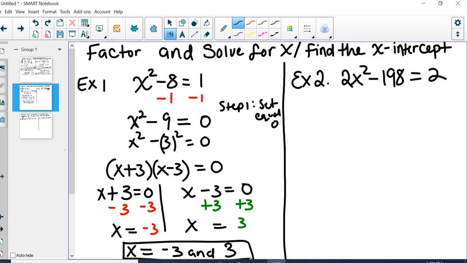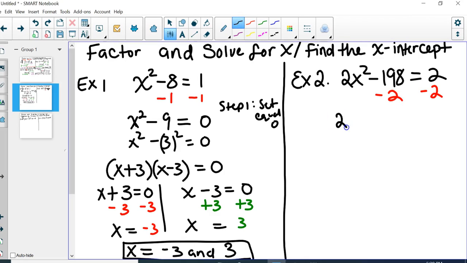Let's do example 2. We have 2x squared minus 198 equals 2. First step: move everything to one side so it's equal to 0. So we have this equal to 2 over here. I'm going to do the opposite of positive 2, which is to subtract 2 from both sides.